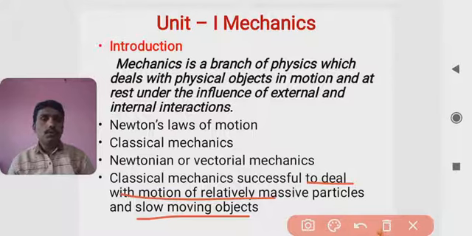So classical mechanics deals with the bigger and massive objects which are moving in the universe, or in the sky. In simple terms, objects which are massive, having bigger size, and are regularly in motion. This mechanics talks about those bodies.